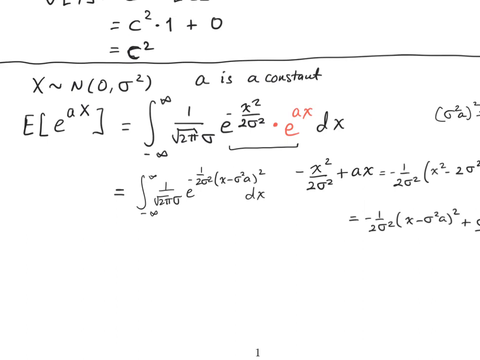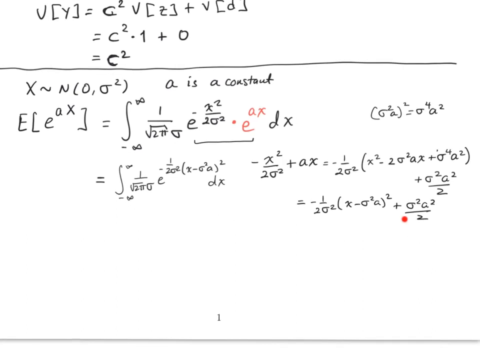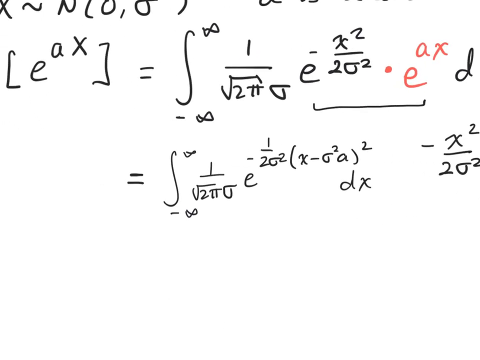Notice that this part is also part of the problem, but this is a constant which doesn't depend on x, so technically you can put that outside. So this will be e to the sigma squared a squared over 2.